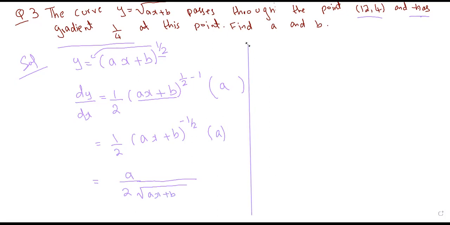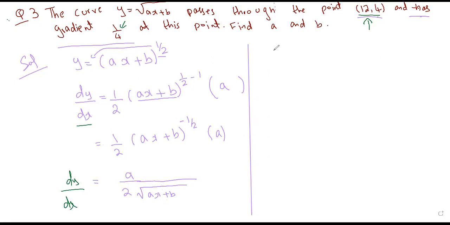I do not have any information about the derivative. They have mentioned that the gradient at this point is 1/4. Now, what is the link between the derivative and the gradient? If I plug in the x coordinate of this point in dy by dx, that is going to be the gradient at that point.